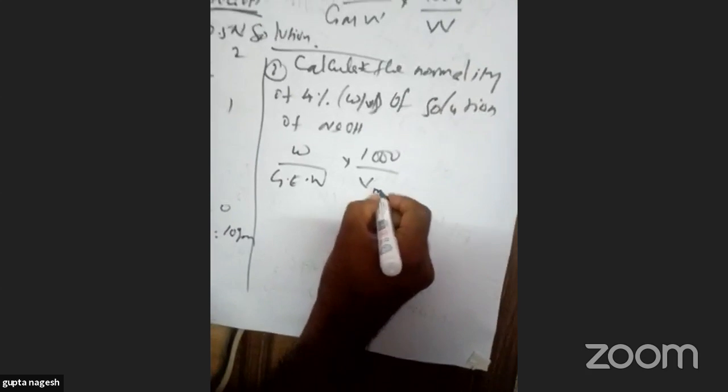See here, this is important. So again, the same formula: weight by gram equivalent weight into 1000 by V in ml.